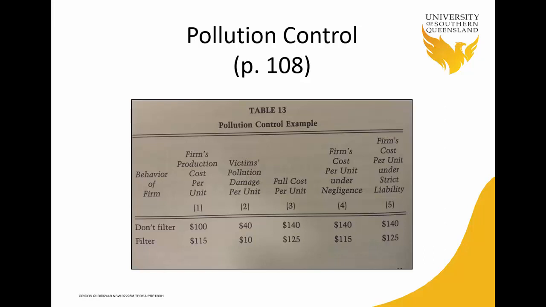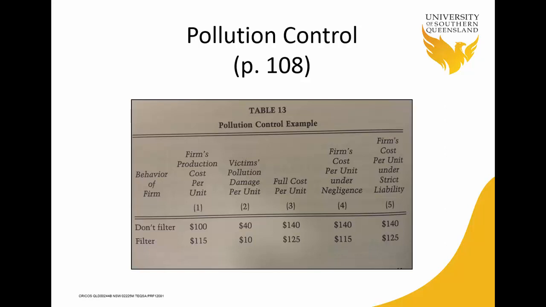And because we are trying to get to the optimal outcome, or the efficient outcome, in this case we are looking at a reduction in the total costs, just like we did in previous weeks, and that will give us the efficient outcome being filtering, because it produces a full cost per unit lower than that under not filtering. So the assumption here is that the benefit from the product itself is the same, but the difference is going to be in relation to costs.